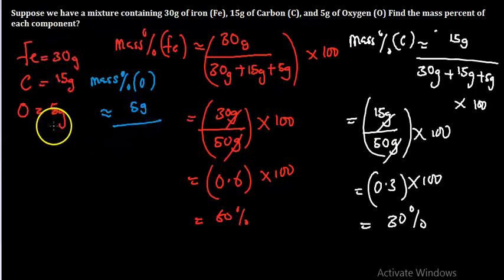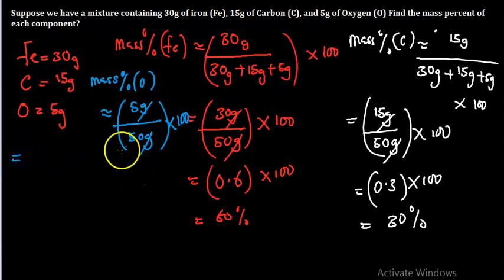If you add all their masses here, we're going to be left with 50 grams. Still multiply by 100. Remember, gram will cancel gram, and we'll be left with 5 divided by 50. In this case, this is simply going to be 0.1. So 0.1 multiplied by 100 is simply going to be 10%.